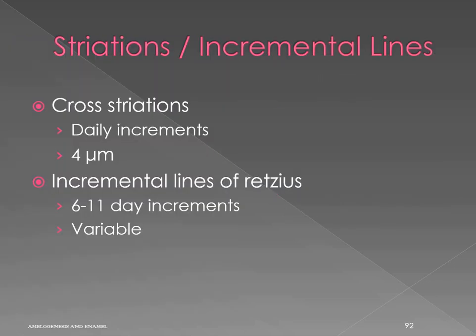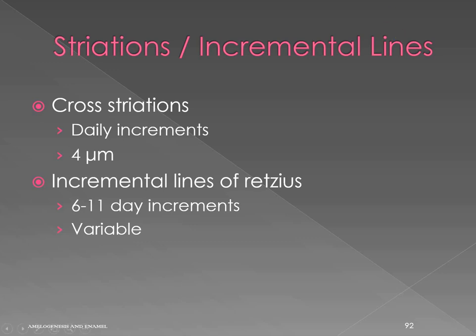When the ameloblasts are depositing enamel, they rest on a daily basis. So a diurnal rhythm of the ameloblast during the rest phase leads to an excessive amount of organic material being deposited at a frequency of 4 microns. These are called cross striations.